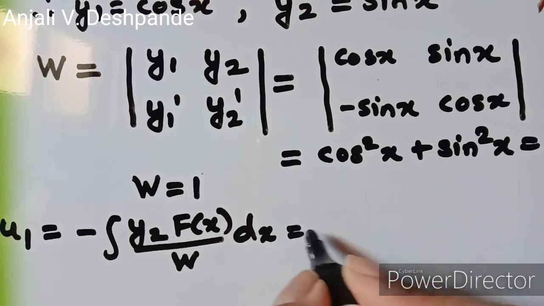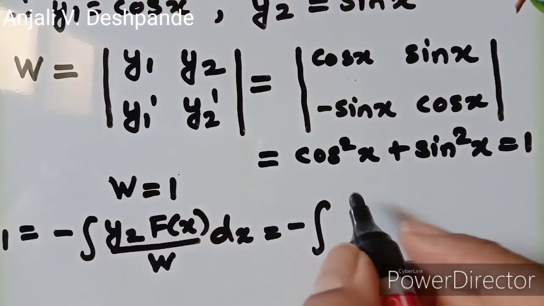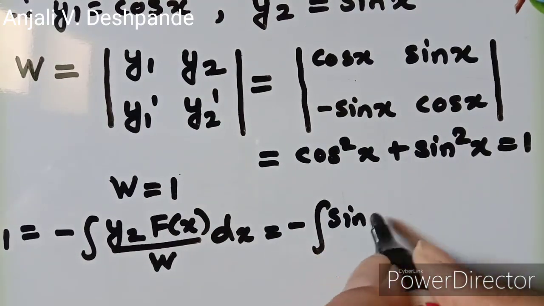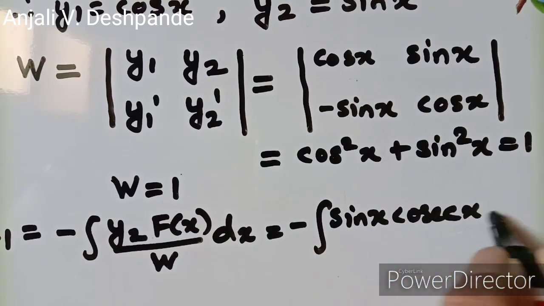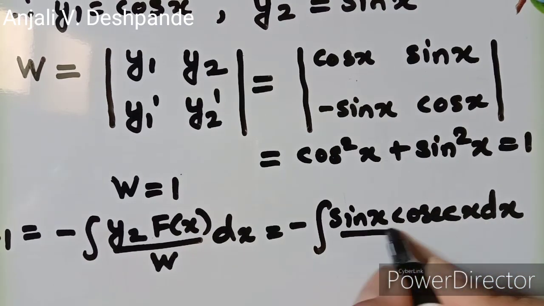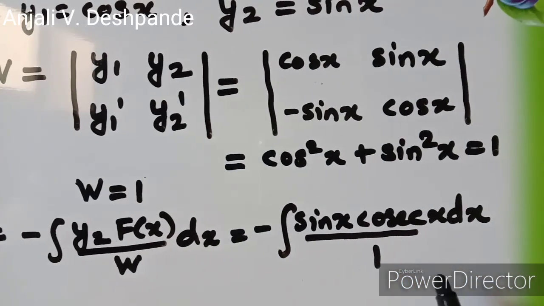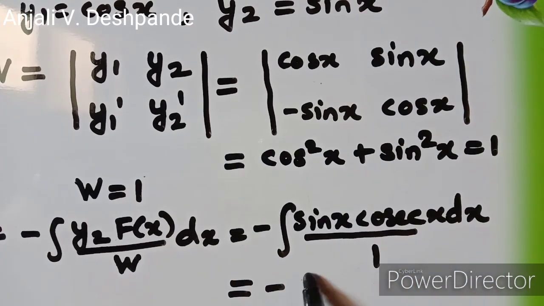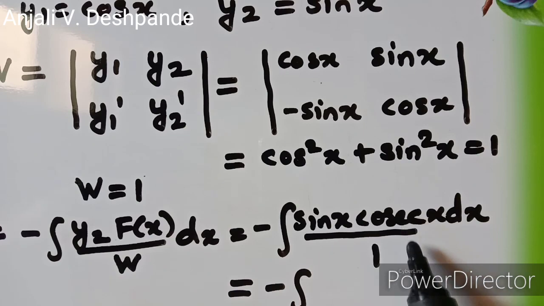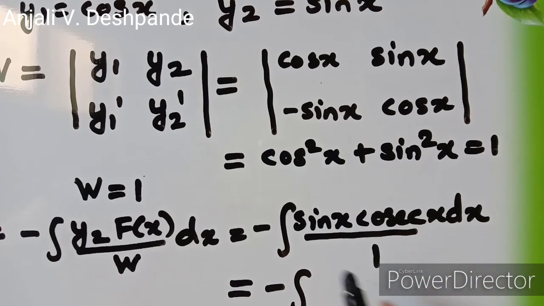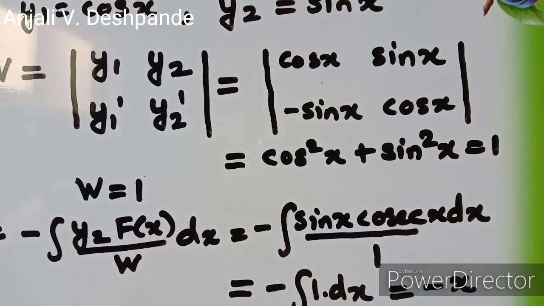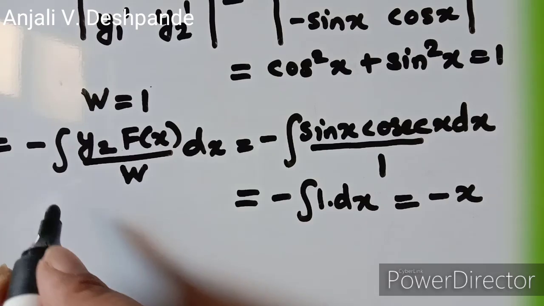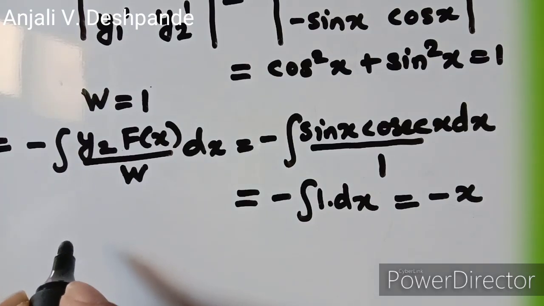This is equal to minus integration of y2, which is sin x, into cosec x dx divided by 1. See, cosec x is 1 upon sin x, so that will cancel out and we'll just be left with 1 dx. So this is equal to minus x. The value of u1 comes out to be minus x.